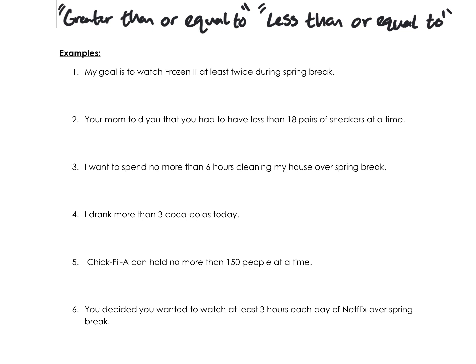So what we've got to do is figure out some of the key stuff, okay? One of the first key things that I figured out was that it said I wanted to watch it at least how many times? Twice. So that means it needs to be at least twice during spring break. Well, I'm writing an inequality for that, okay? Are there multiple things that I'm looking at? No, it's just one thing.